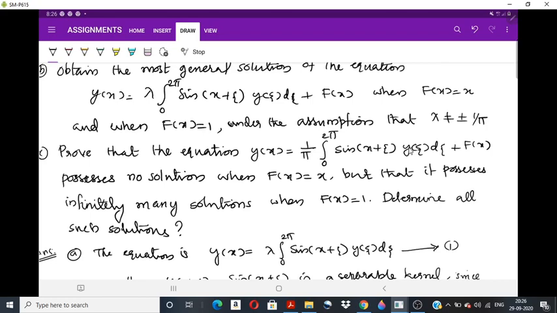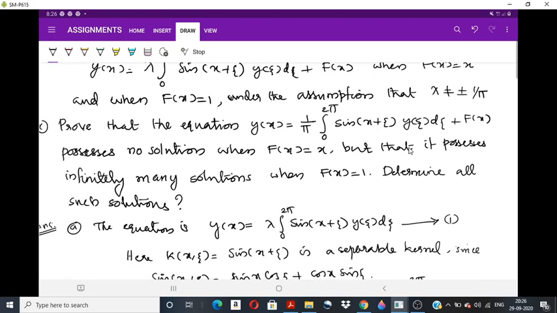And in that case we have to determine the form of all solutions. So first we do the A part.